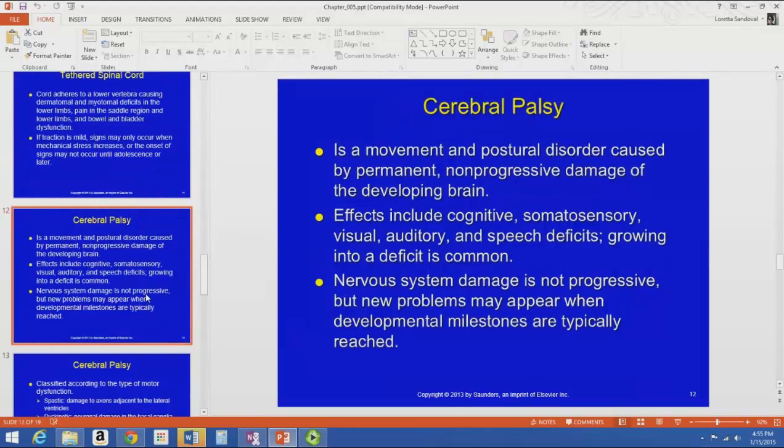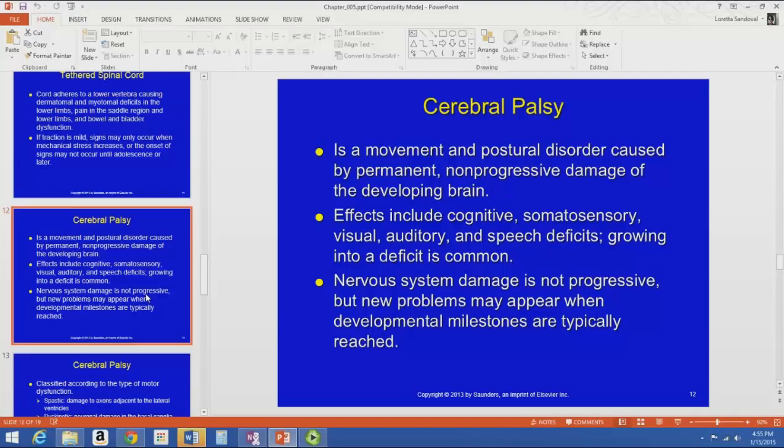So cerebral palsy is a movement and postural disorder, and its hallmark is that it's permanent and non-progressive. It's permanent, non-progressive damage of the developing brain. It can include cognitive, somatosensory, visual, auditory, and speech deficits, and growing into deficit is common, meaning there could be some deficit that you don't find out about until later, until that system comes online. So obviously if you had a speech deficit, when do you learn to talk?